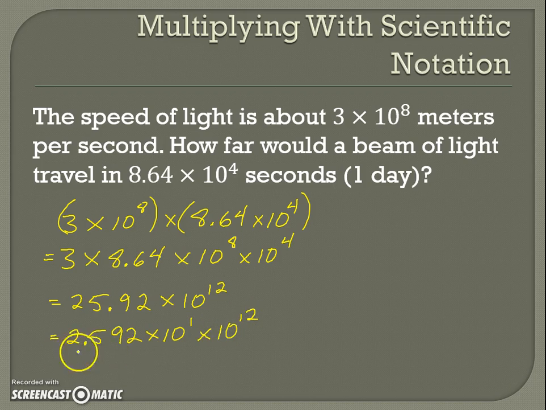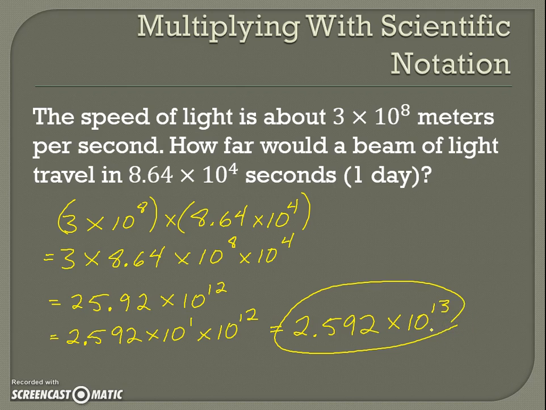All right, so this is between 1 and 10, but I have 2 powers of 10 that I need to multiply, which means because their bases are the same, I'm just going to add their exponents. So it's that times 10 to the 13th. So that is how you multiply with scientific notation.